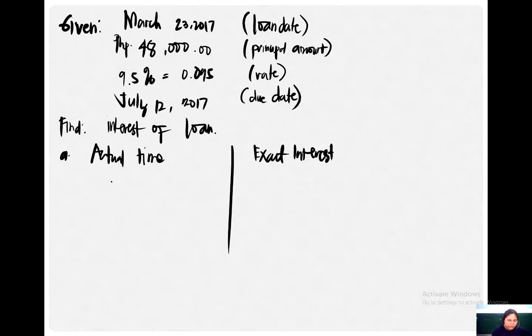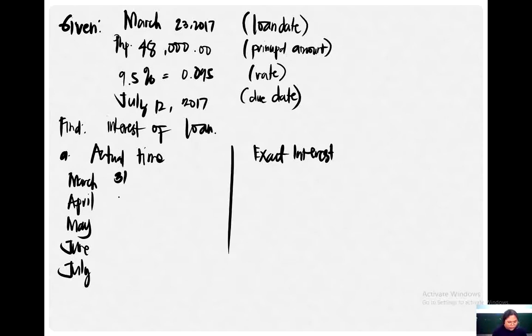For the actual time, first let's list down the months. It starts with March, April, May, June, July. The number of days for March is 31.